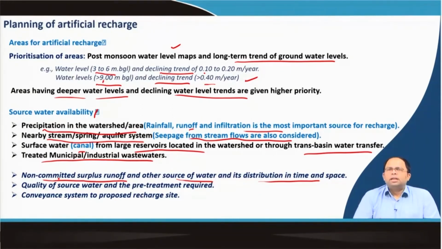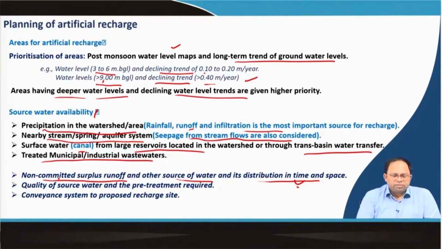So we cannot assume that that reused water will come for recharge. So we need to make sure that there is adequate non-committed surplus runoff and other sources of water in that urban area, and where it is available. So both time and space are also important, and based on that we determine where the recharge should happen. Based on that we determine which water should be used for recharge.